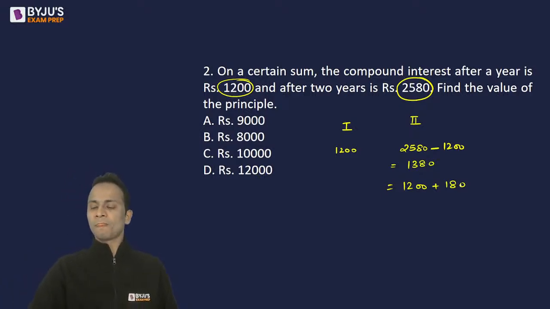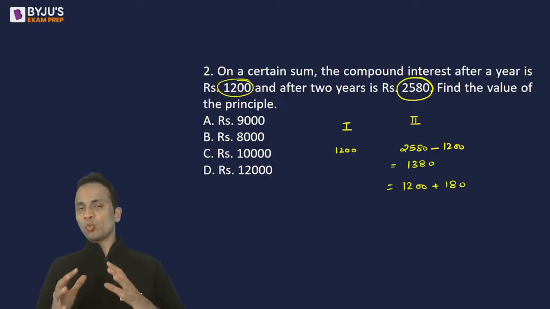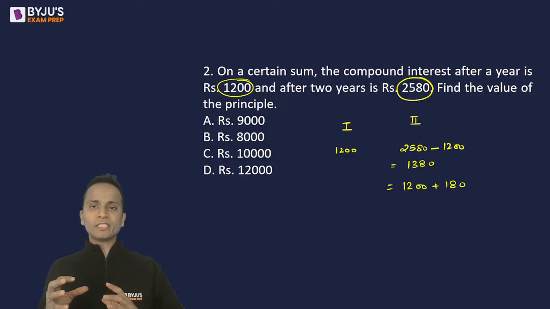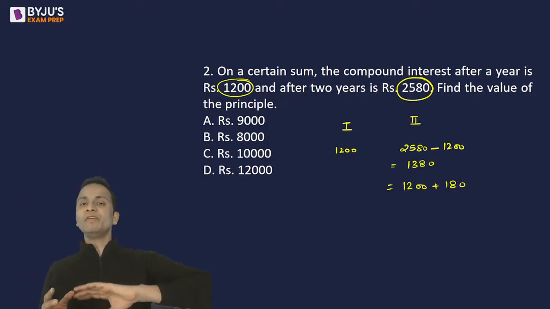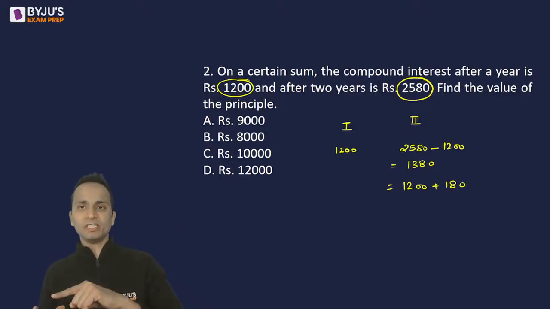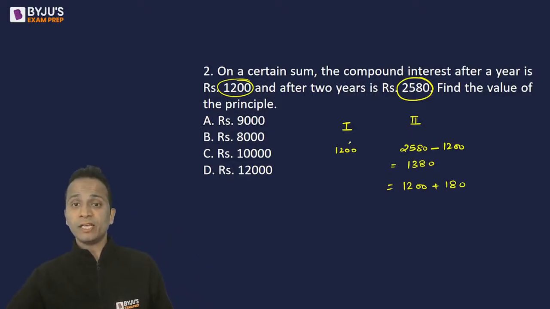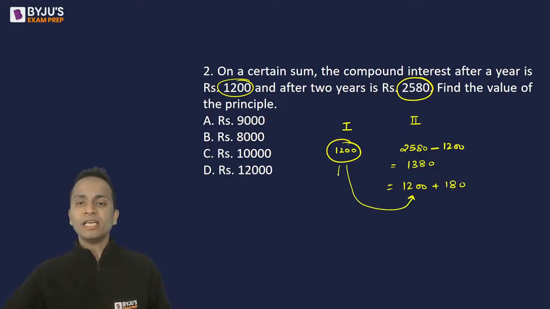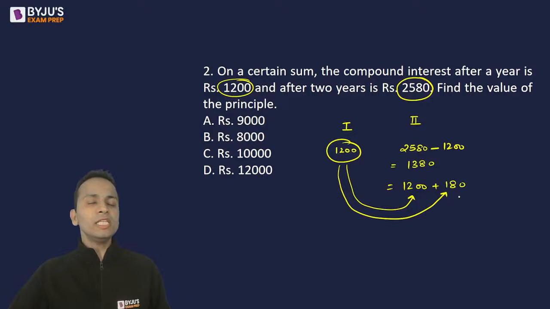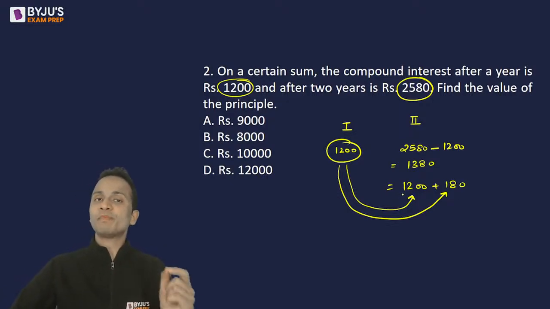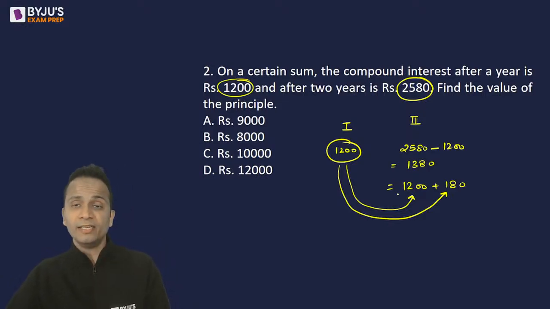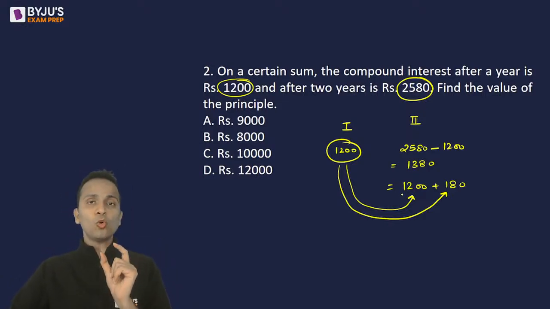Now 1380 can be written as 1200 plus 180. Now in compound interest, to calculate the compound interest for any particular year, we copy the interest of the previous year, which is done here, 1200, and give interest on the interest of the previous year. So interest on the interest of the previous year is also added to obtain the total compound interest for any particular year.